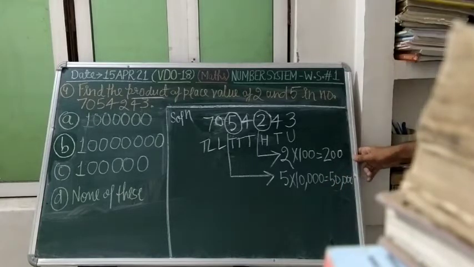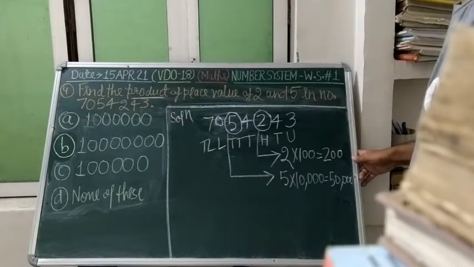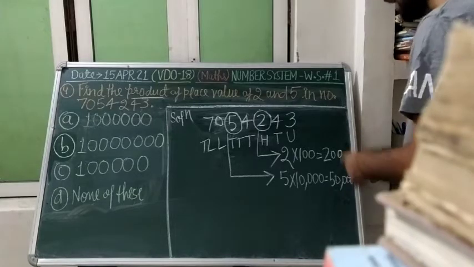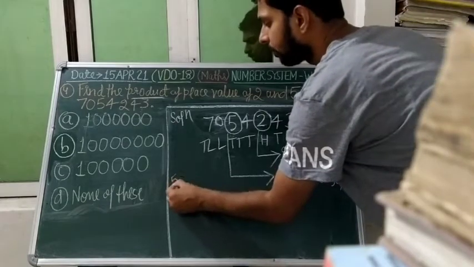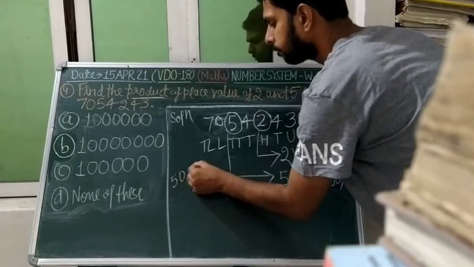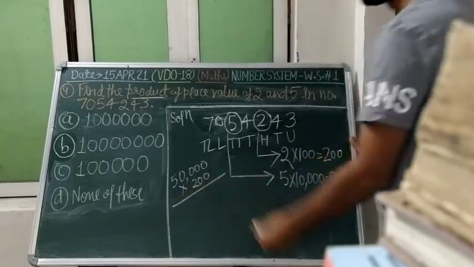And they are asking us to find the product. Product means multiplication. So we will multiply the place values of 2 and 5. So this 50,000 into 200 we will do.